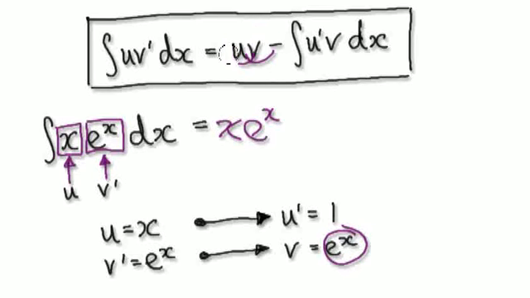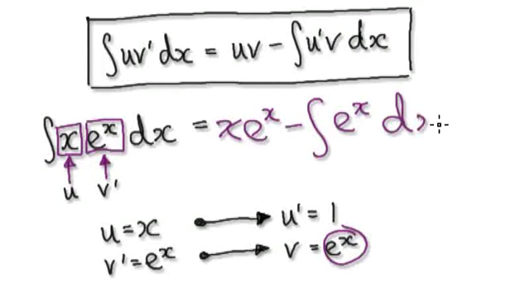You've got your minus here. So that's this minus, and then the integral of u prime. Well, u prime is 1, so it's going to be a 1 here, and then the v here would be e to the x, and then this dx here.